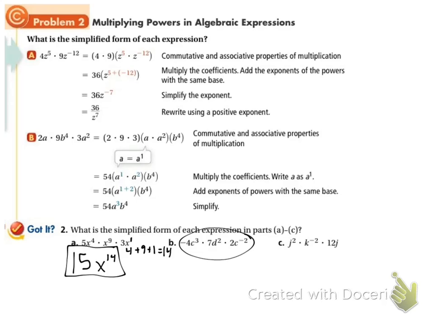Let's try this one. So we need to multiply our coefficients, right? We've got negative 4 times 7 times 2, which gives us a negative 56. And then we've got a c and we've got d's. So we can only combine the c's together and then combine the d's together. In this case, there's only one d there, right?